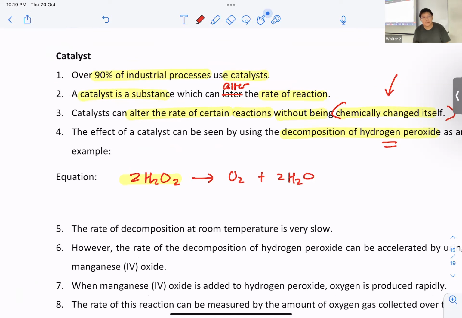H2O2 is hydrogen peroxide. Yeah, but what is it used for? Can we drink hydrogen peroxide? Because you can drink H2O, right? Why can't I drink H2O2? It's just an extra oxygen inside.